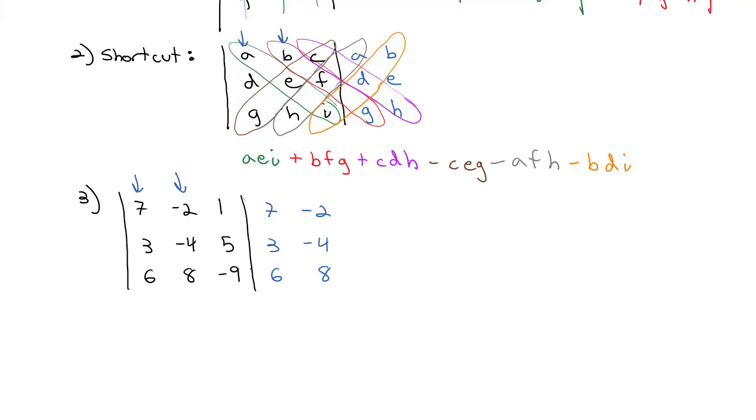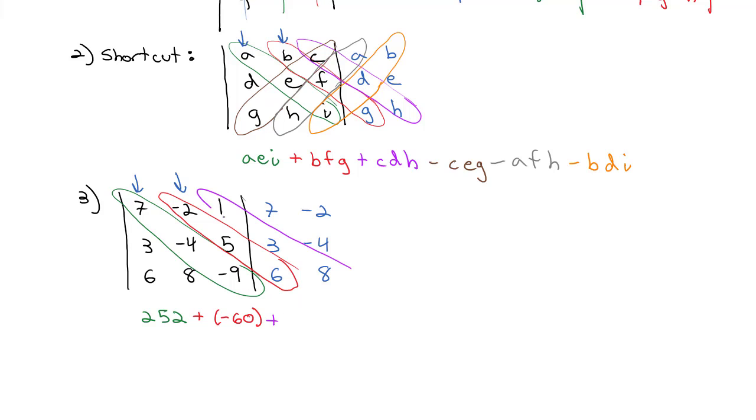Then start looking at the downhill products. The first product is 7 times negative 4 times negative 9, which is 252. Negative 2 times 5 times 6 is negative 60. 8 times 3 times 1 is 24.